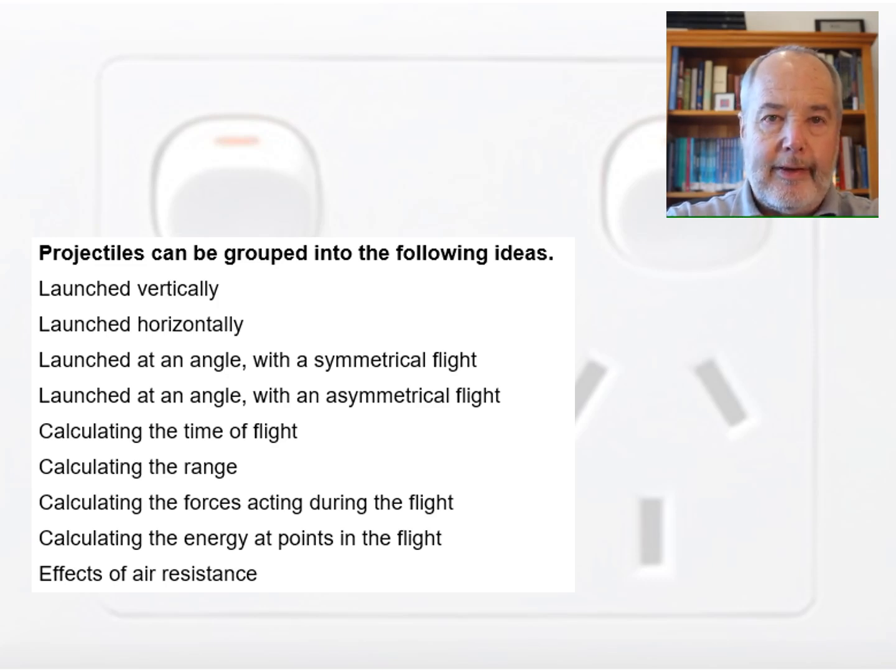The other ideas that you need to understand is how to find the height, the maximum height most commonly, the range, and the time of flight. You also need to be aware of what's happening with the energy throughout the motion, and you also need to be able to consider the effects of air resistance.